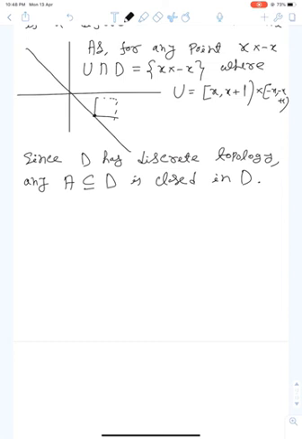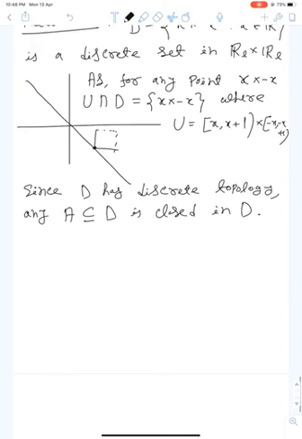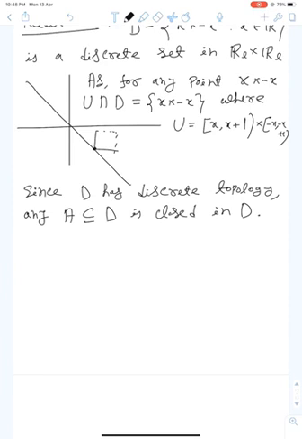We have seen that, again with similar logic. If you choose any point outside D, you can always get an open neighborhood around that point which will not intersect D, right?